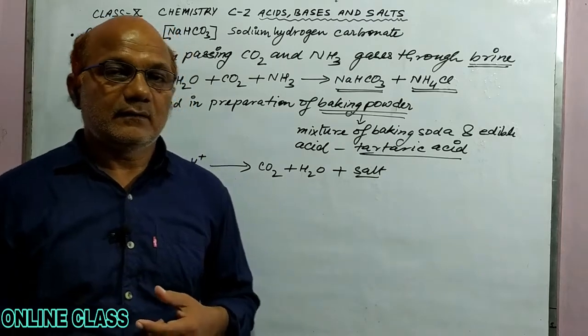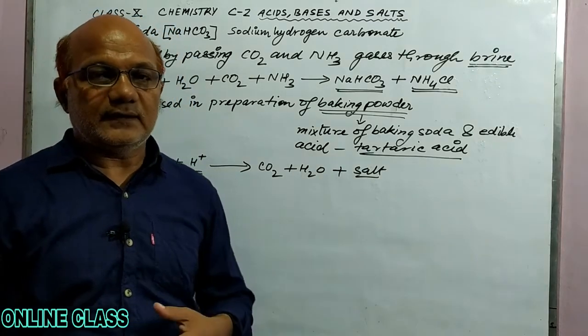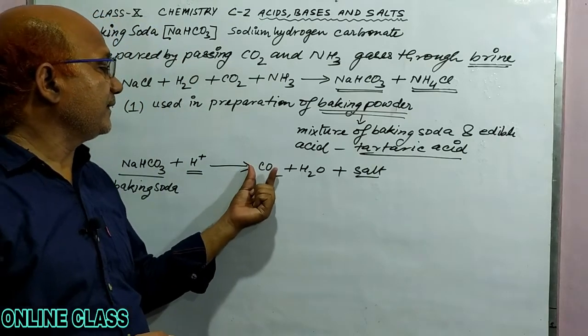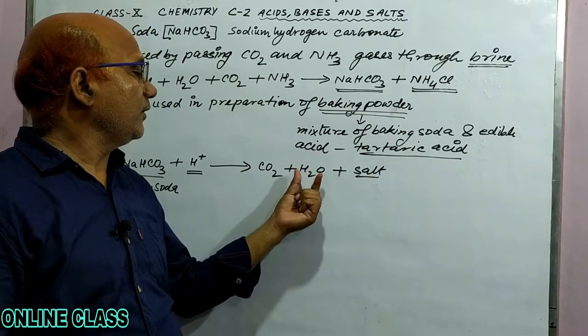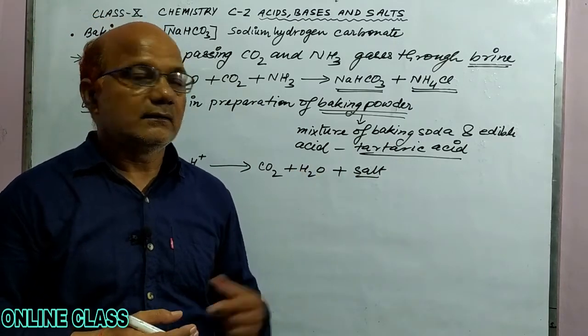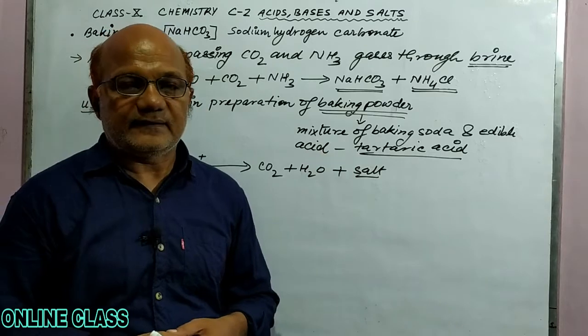It is produced from that acid which is mixed with it. Okay. So, carbon dioxide gas is produced along with formation of water and the salt of that acid.